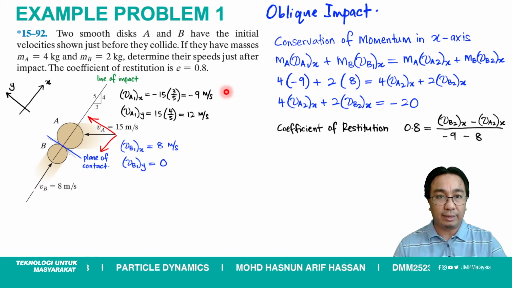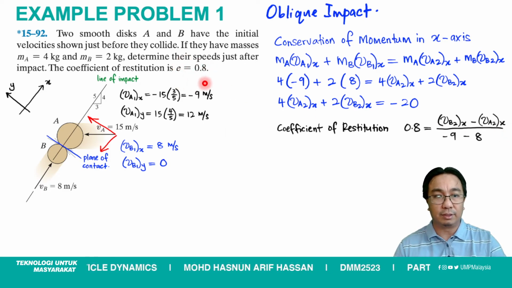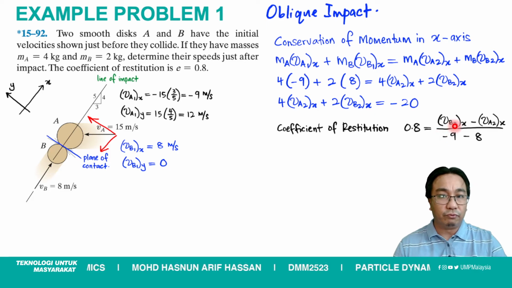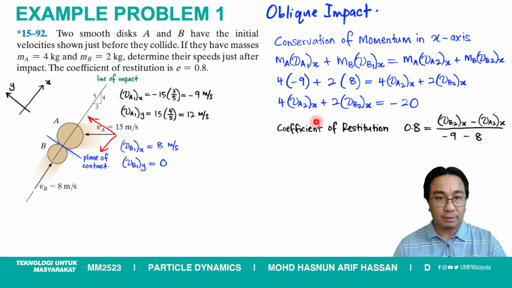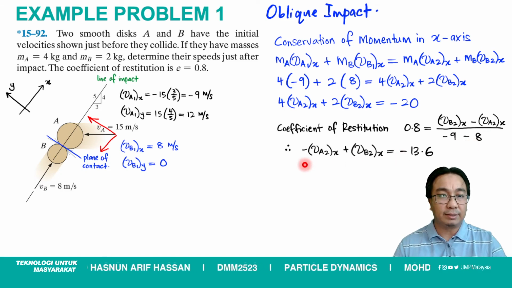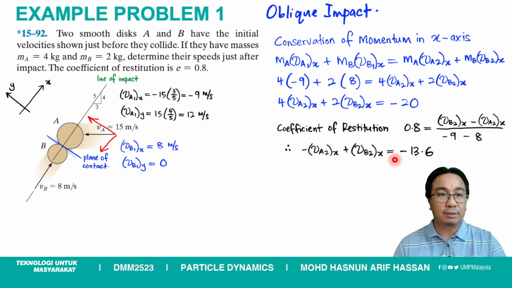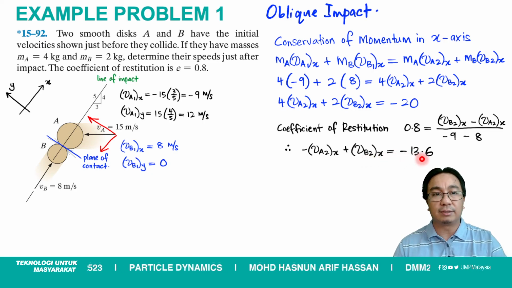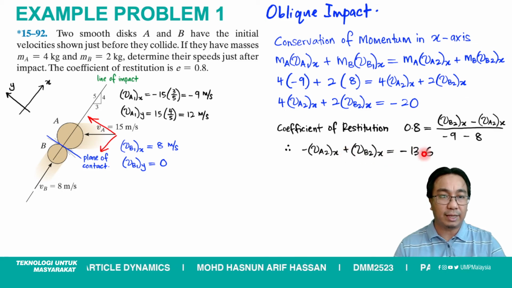So 0.8 is the value given, e equals 0.8 is equal to VB2x minus VA2x divided by VA1x, which is this one, minus VB1x, which is 8. So we're going to have minus VA2x plus VB2x equals minus 13.6. So this is going to be our second equation.